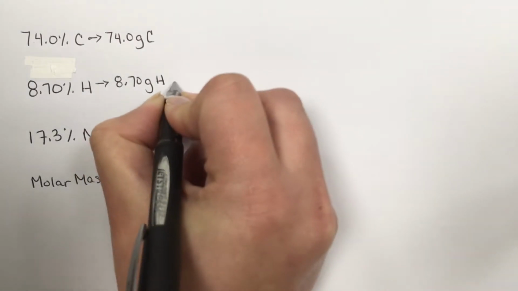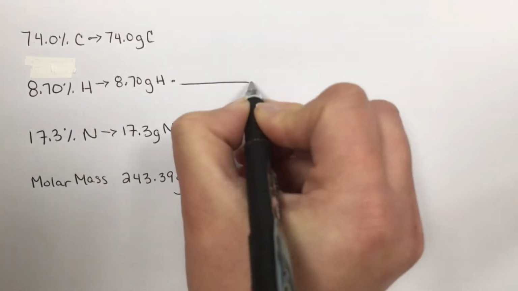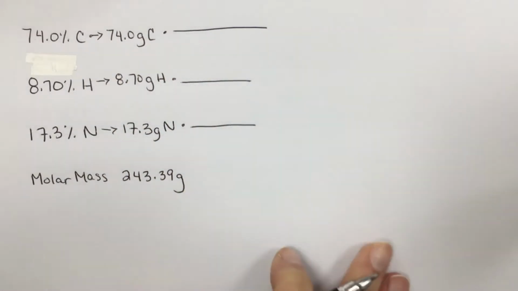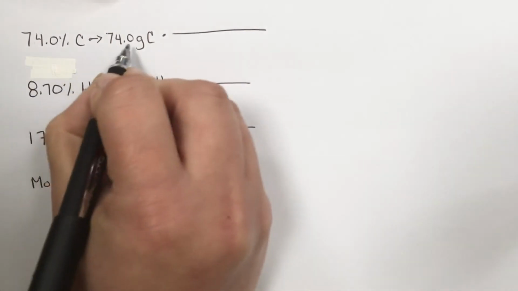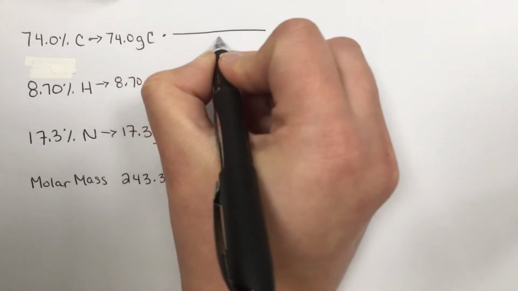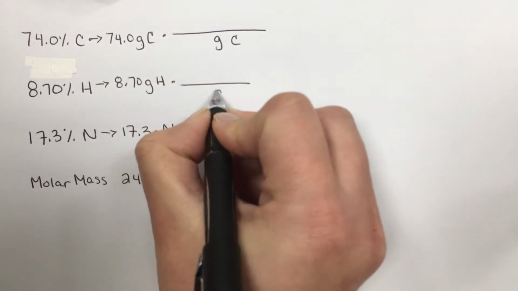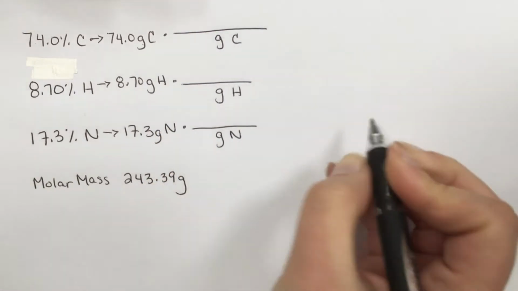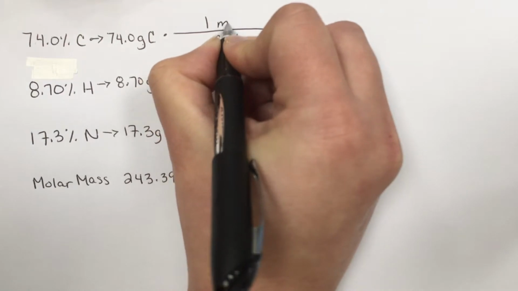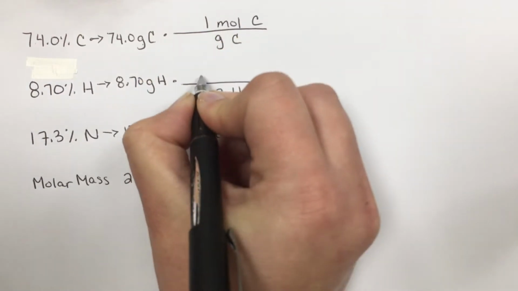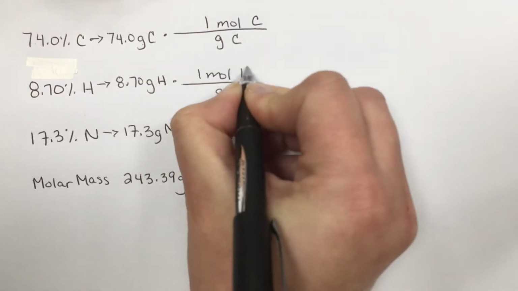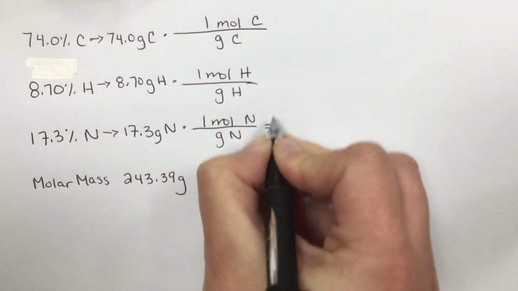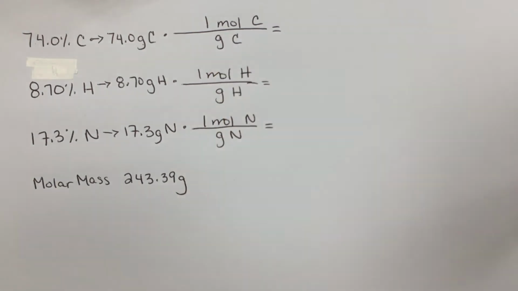And we are just going to do our conversions, and we know that whatever's up here must go here. Grams of carbon, grams of hydrogen, grams of nitrogen. And then up here it will be 1 mole of carbon, 1 mole of hydrogen, 1 mole of nitrogen, and we will have converted to moles.